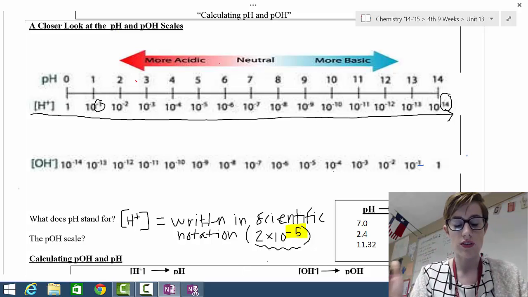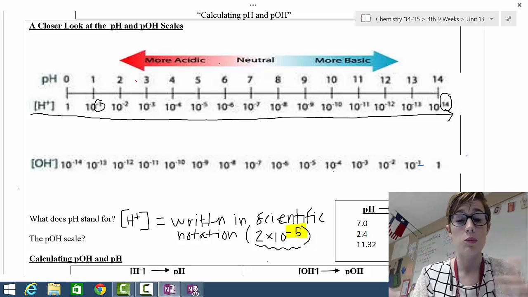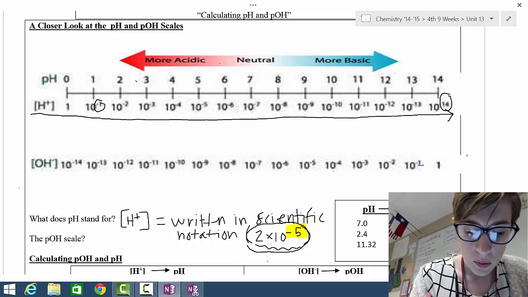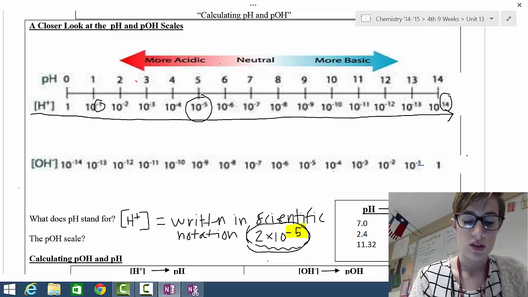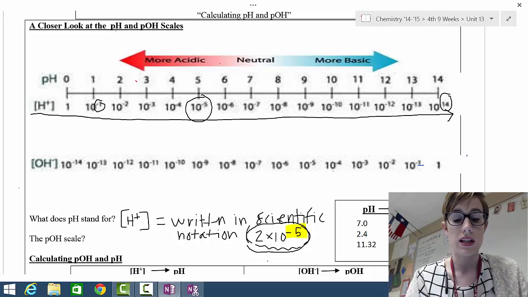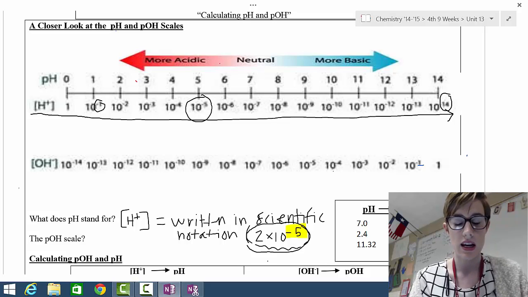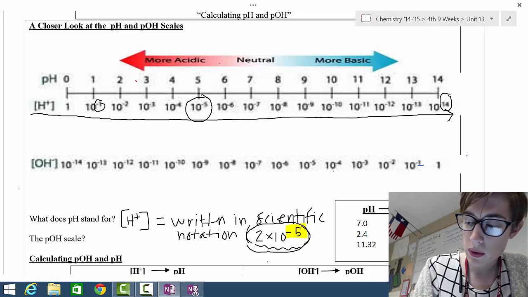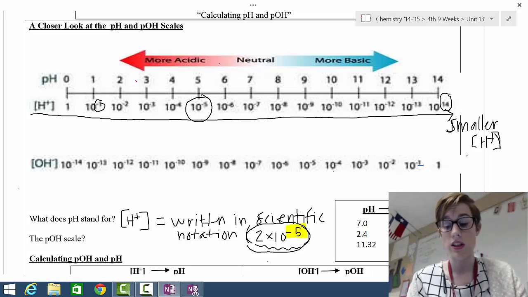So any concentration of hydrogen ions that you have should fit somewhere on this scale. For example, 2 times 10 to the negative 5 will be somewhere around this part, because it's being multiplied by 10 to the negative 5. So what I want you to understand is that over here we have smaller concentrations of H plus ions because the negative exponent is bigger.